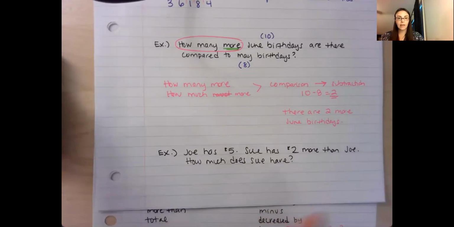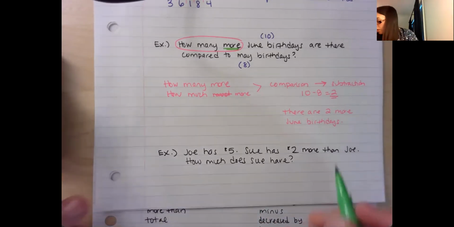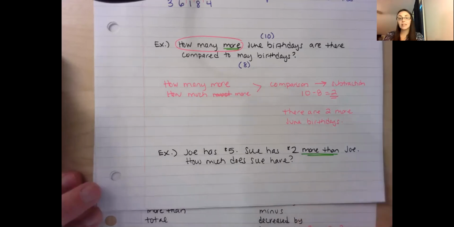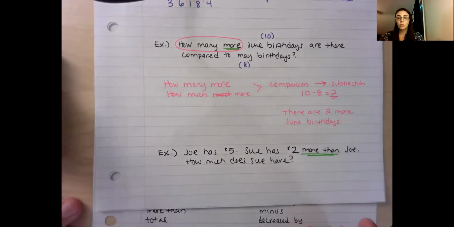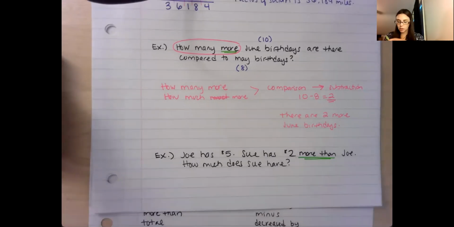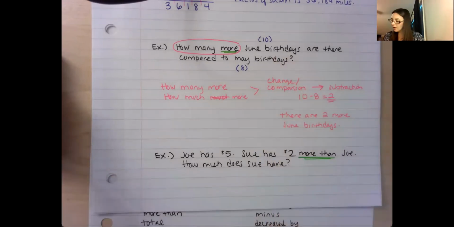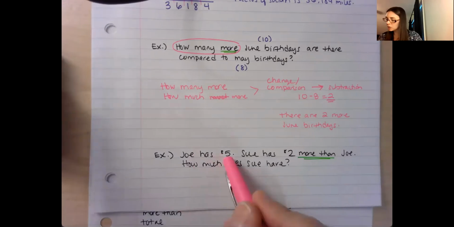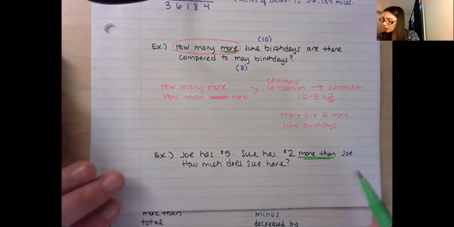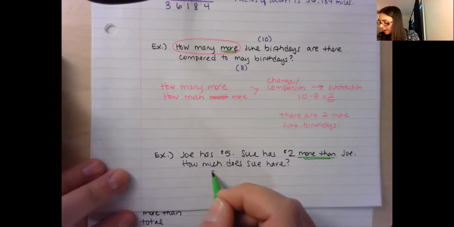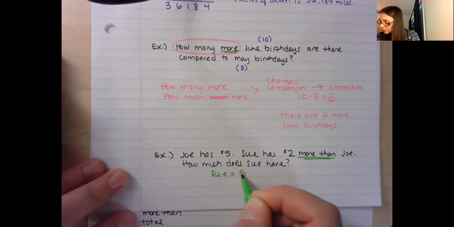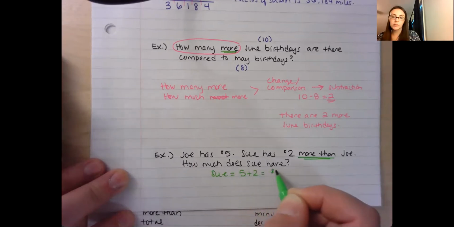So here we have that keyword of more, right? More than, and it really does mean addition here. So it's a different kind of comparison. I'm not looking at the change between two. In the birthday problem, the comparison is really about the change between the 2 months. Here I'm saying that Joe has $5 and Sue has $2 more. So Sue has $5 plus 2, which is $7.